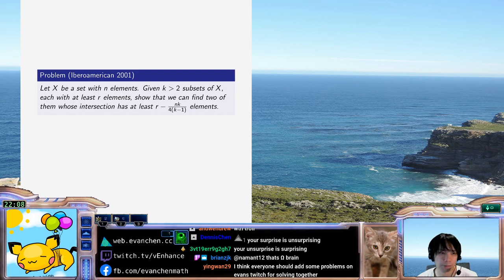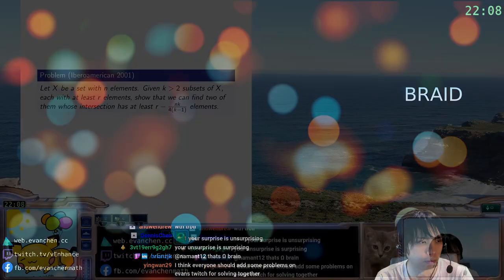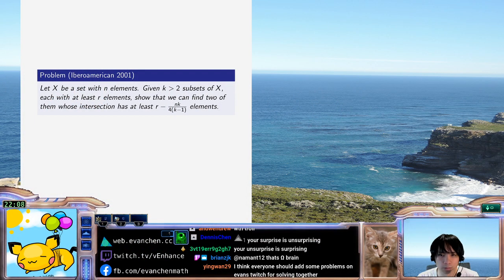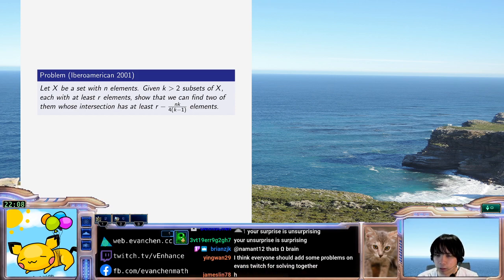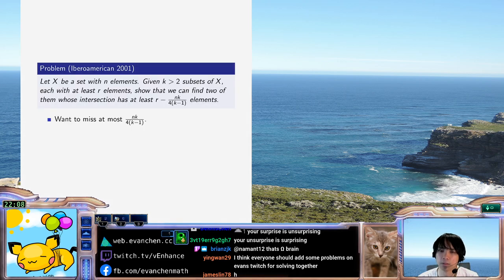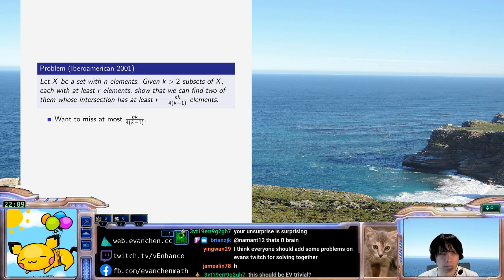R minus, so I'm looking at the number of missed elements, right? Because of the way the expression is formatted. So I want to miss at most nk over 4k minus 1. Yeah, it feels like an EV.